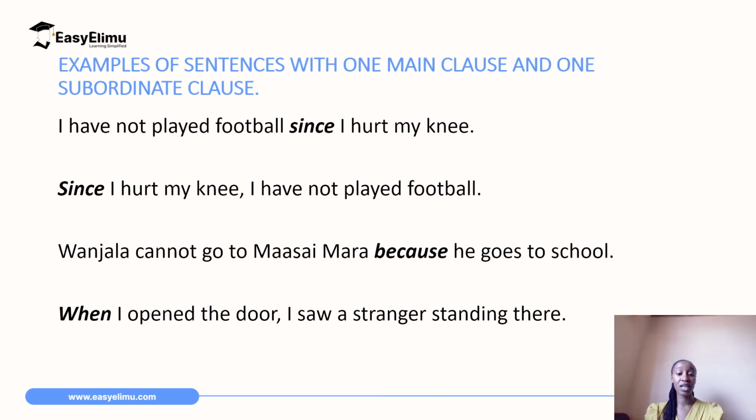And lastly, when I opened the door, I saw a stranger standing there. This is a sentence that has started with the subordinate clause, and the conjunction here is when. The subordinate clause is when I opened the door, and the main clause is I saw a stranger standing there.